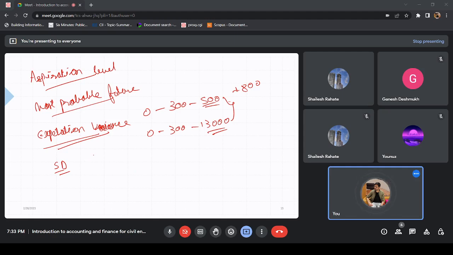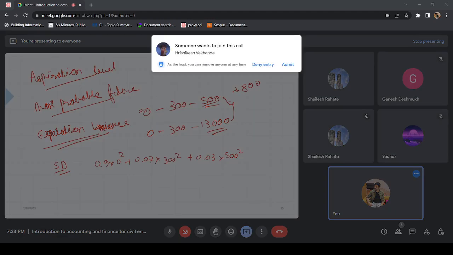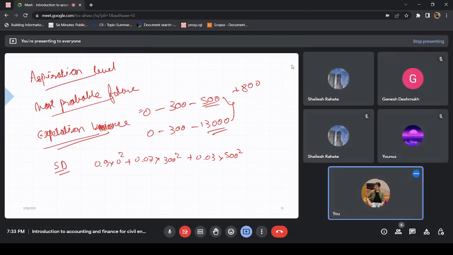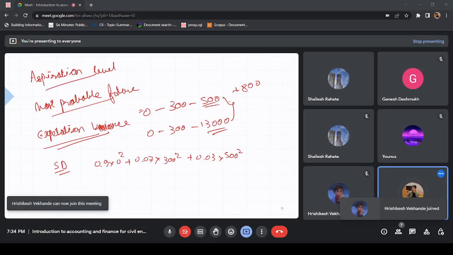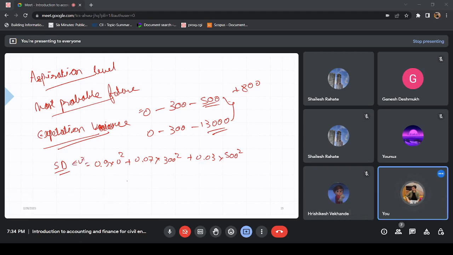So for the first case with insurance, what we are getting is 0.9 into 0 square plus 0.07 into 300 square plus 0.03 into 500 square, right? This is the expectation variance square.